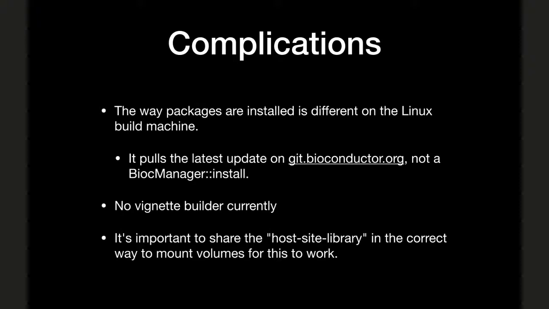The way packages are installed on the Linux build machine is it pulls from the Git repository for Bioconductor directly, and it doesn't just do a BiocManager install. So if you wanted to mimic that part of it, you could do a git install using devtools. I forget the exact command, but it's something like install git in devtools. So you could mimic that.